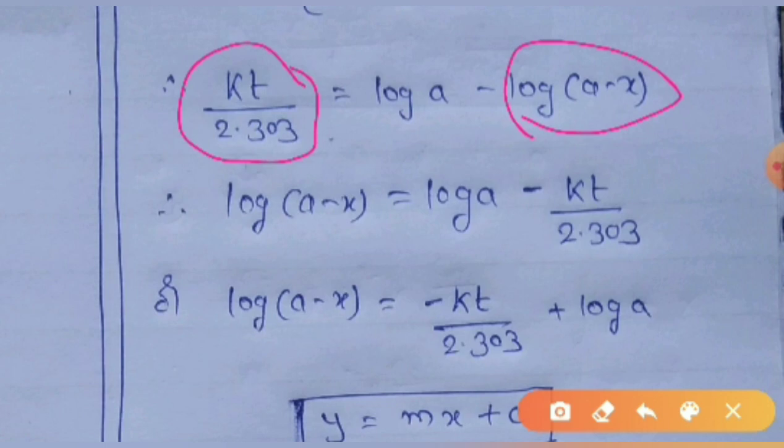From this we can also write log of a minus x equal to log of a minus kt upon 2.303.